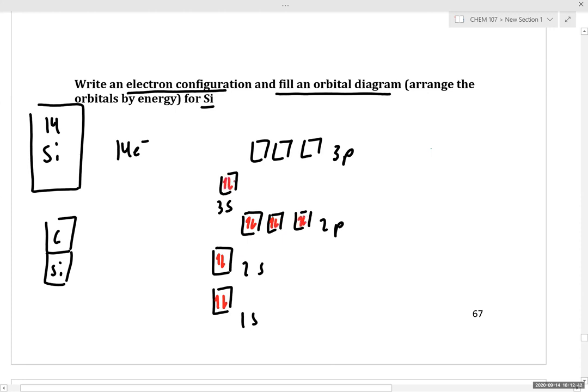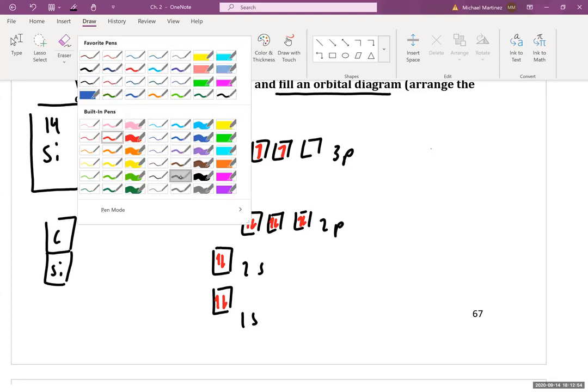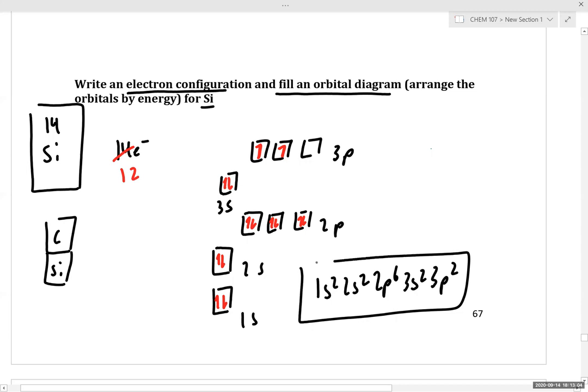So we used up 12 electrons so far. For our last 2 electrons, we placed them in separate degenerate orbitals. Writing out our configuration, we'd get 1s2, 2s2, 2p6, 3s2, 3p2. So this is the configuration for silicon.